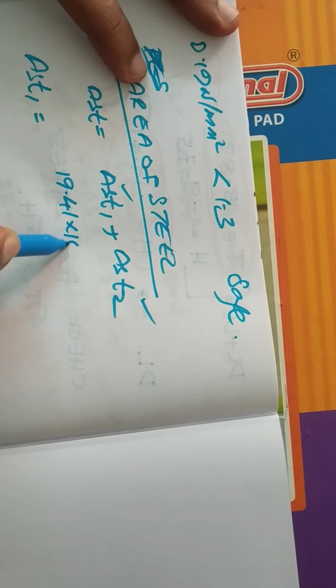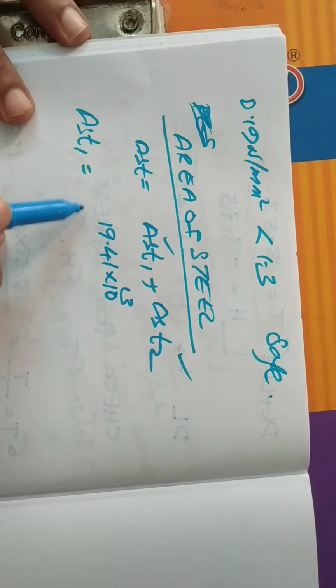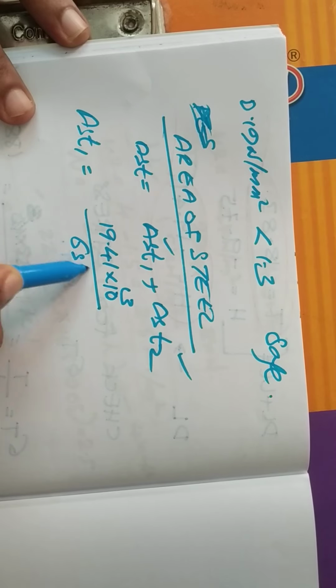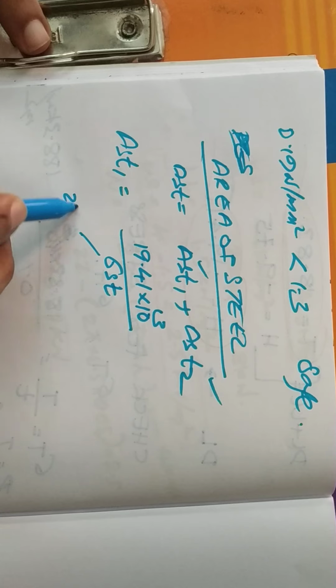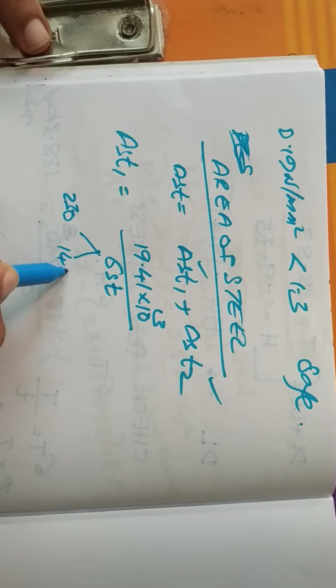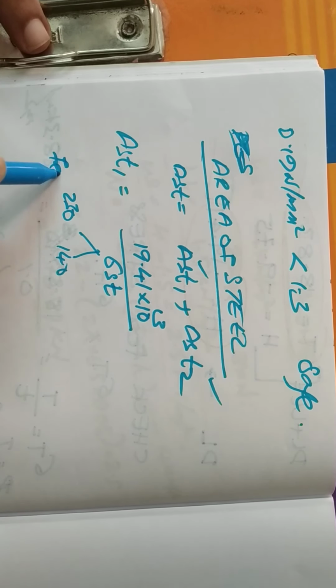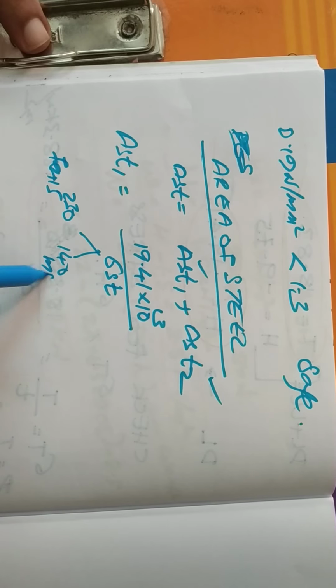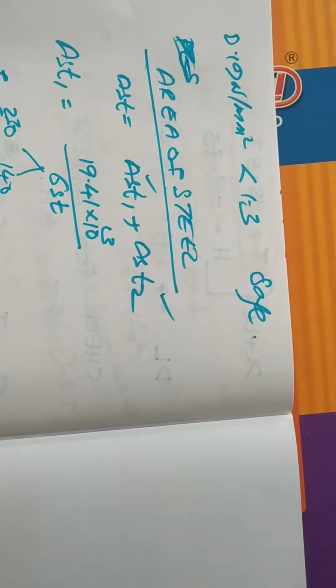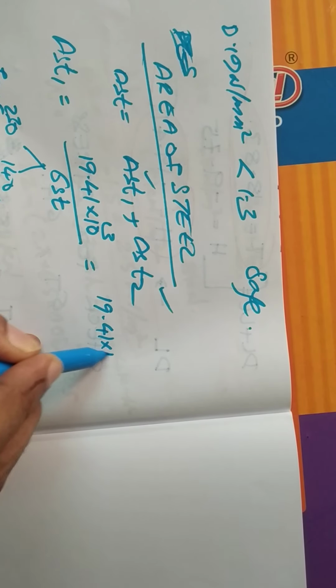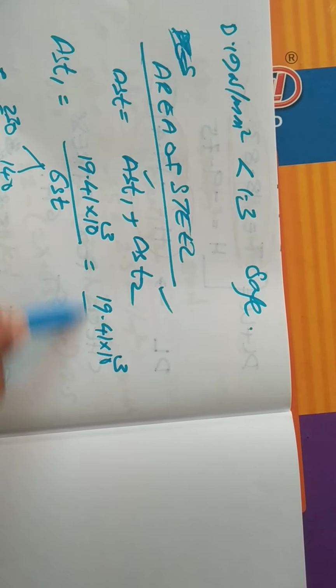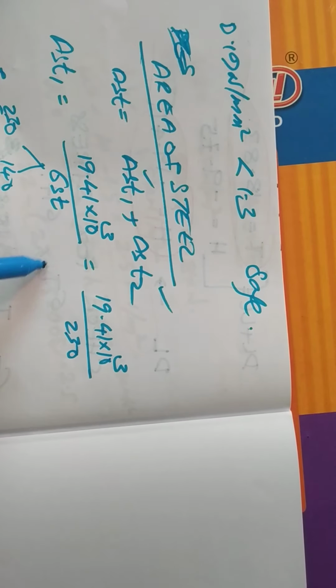19.41 into 10 to the power 3, converting into Newton, divided by sigma st. Okay, the value of sigma st is 230 or 140. 230 if it is Fe415 steel, this is mild steel. Okay, so this is equal to 19.41 into 10 to the power 3 divided by 230.